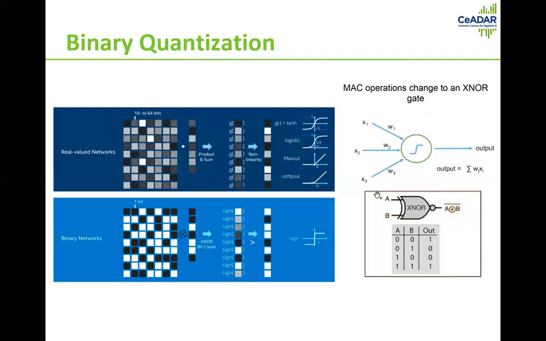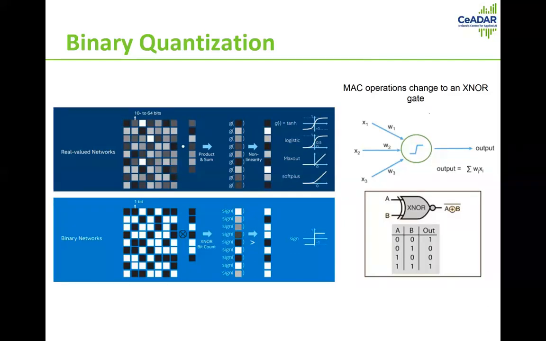This simple XNOR gate is very easily implementable in hardware and requires very little memory. So you can remove your ALU altogether and just put in XNOR gates, which will save not only energy, but also reduce your chip size. And definitely, binarizing the weights would reduce the amount of memory required to save the model.